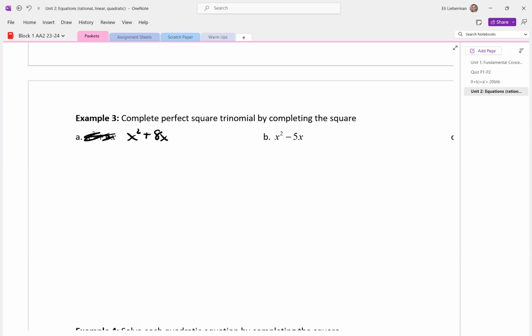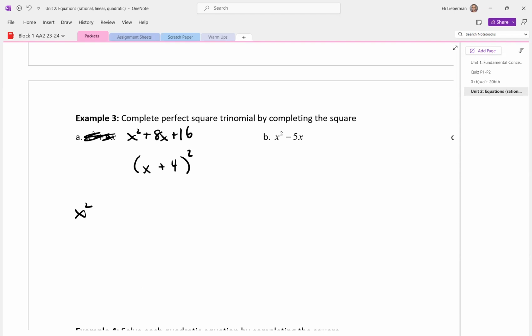So we're adding 16. Anytime you do this, I also want you to write this as the square of a binomial. In other words, rewrite it like this. What's going to go inside? x plus 4. Yeah?